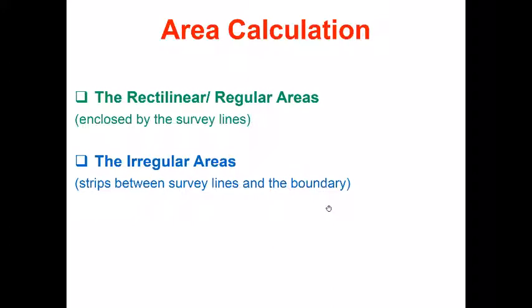We can have two different sorts of areas: regular areas, which are the ones enclosed by survey lines. If you have a closed traverse that makes a particular shape, that would be a regular area. And irregular areas are the ones to which you cannot apply a direct equation to find the area, and you need a different method.